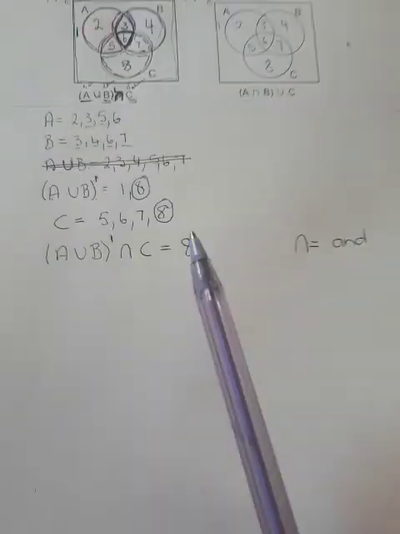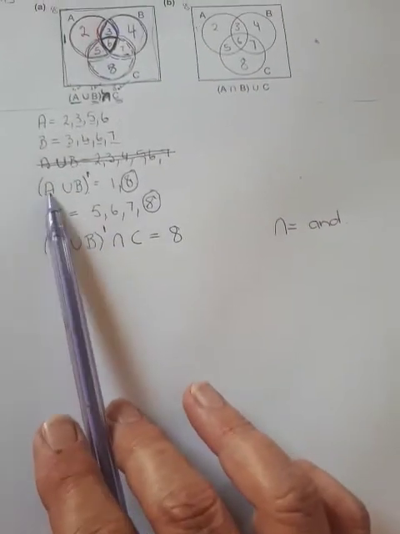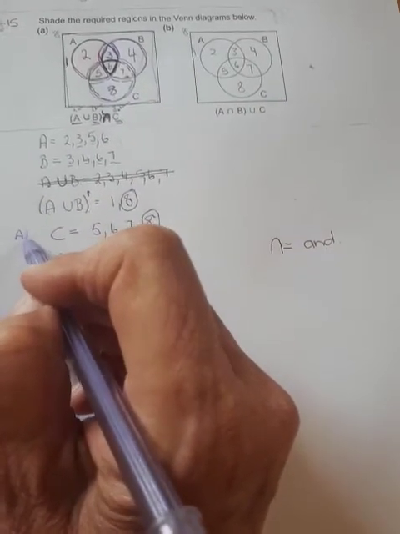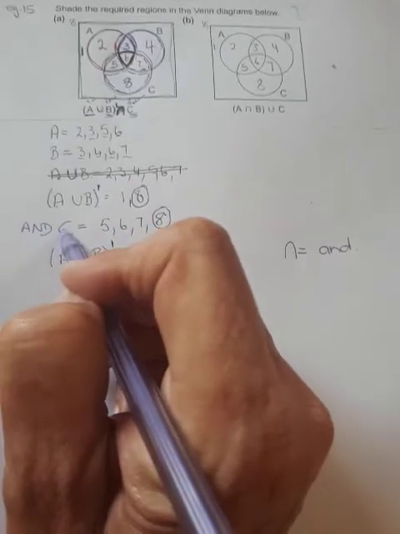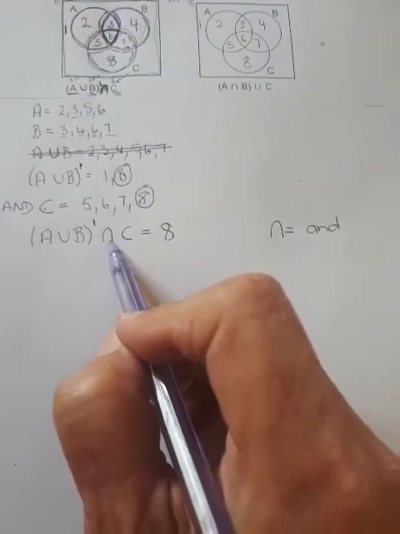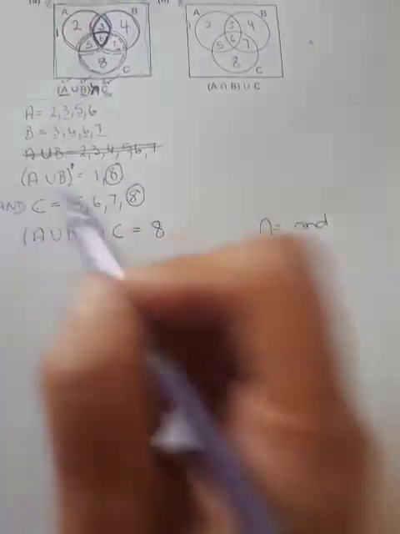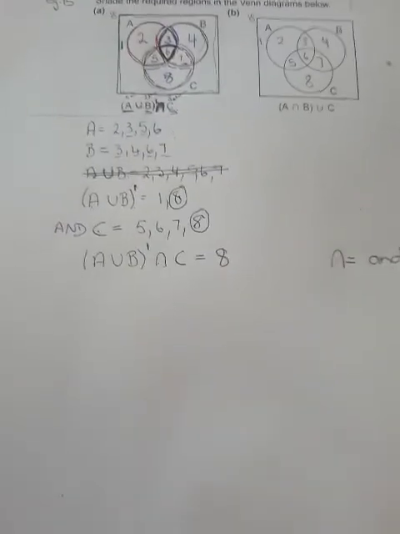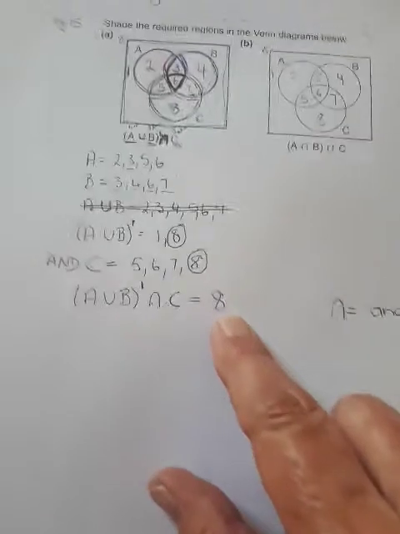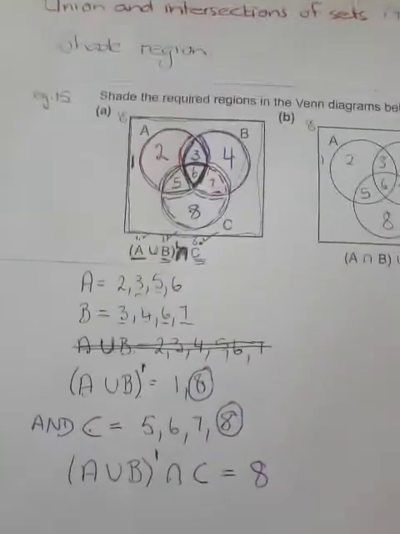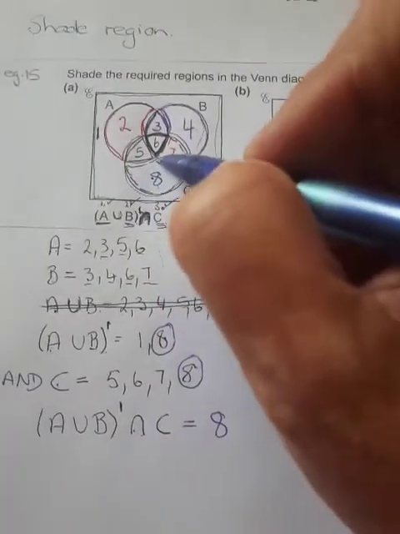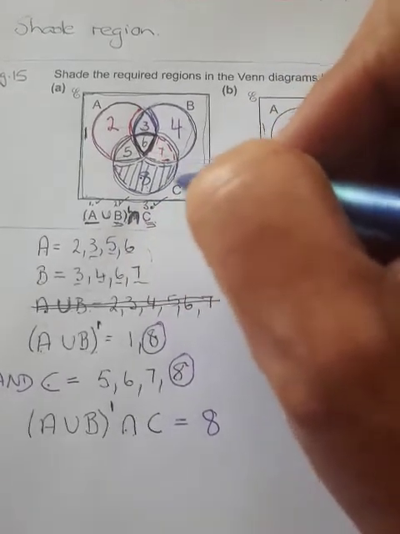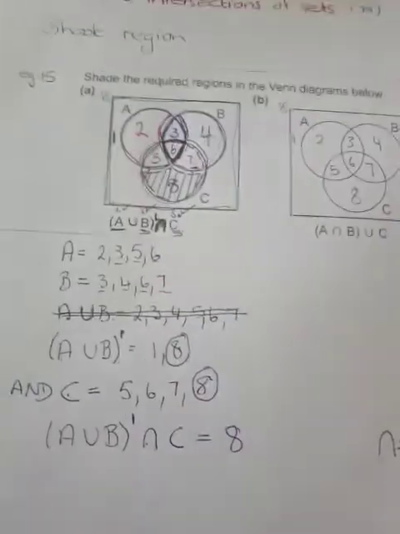Only region 8 appears in A union B complement and in C. So that is the intersection. Now, what you need to shade is really fairly easy. Where is region 8? It is only this part that you need to shade.